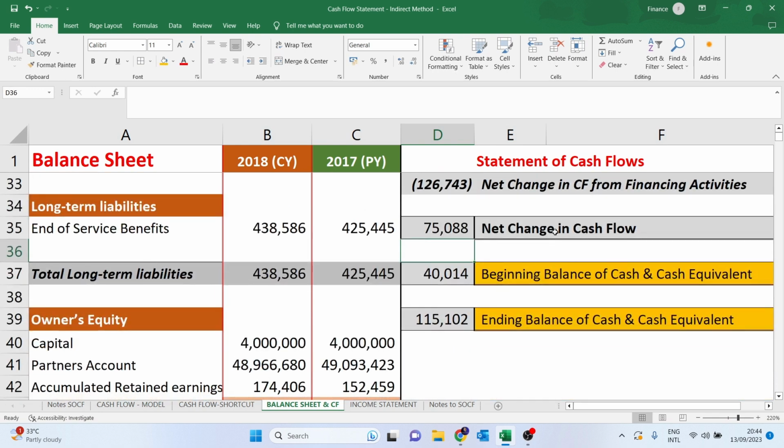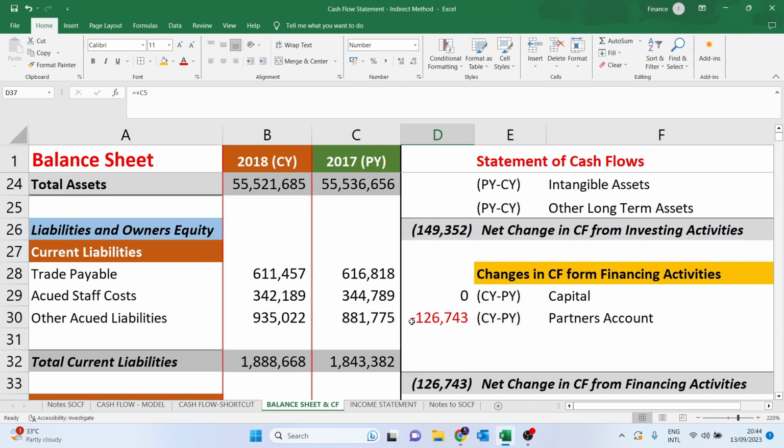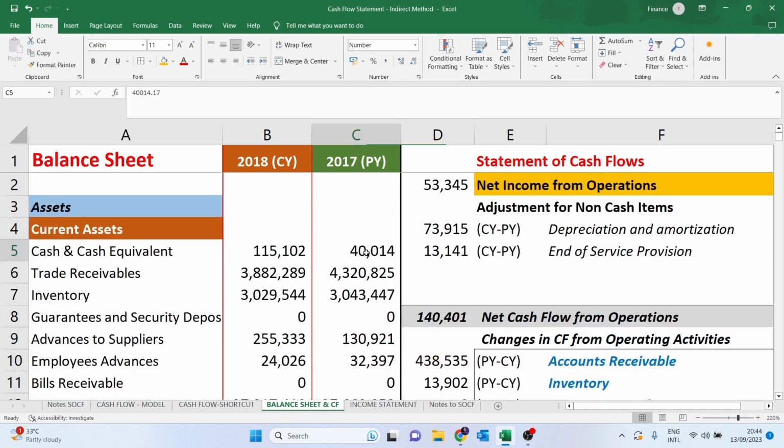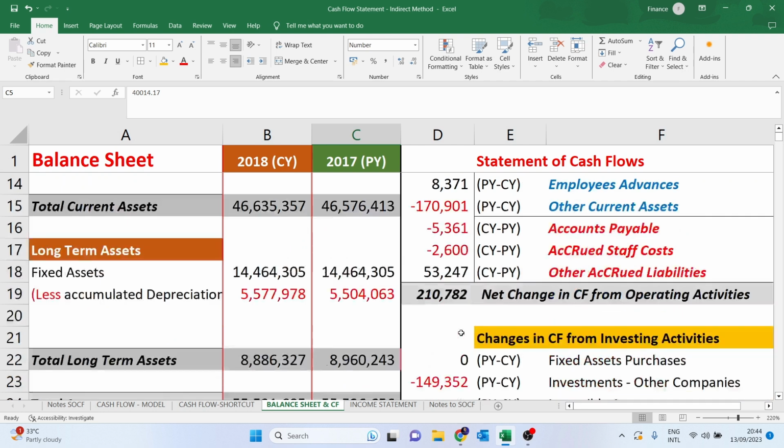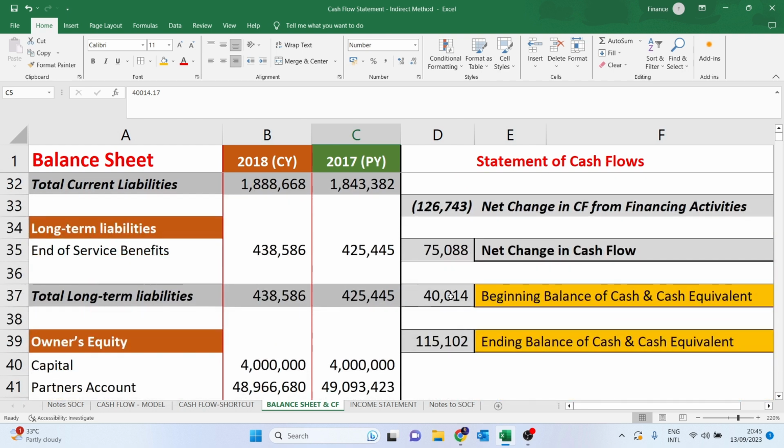So we'll get the net change in cash flow 75,088, and the beginning balance you need to take from here, because at the end of 2017 or the starting of 2018, our cash balance was 40,000. So that is written here, 40,014. The ending balance will be the sum of these two. 75,000 plus 40,000 will give you 115,102.